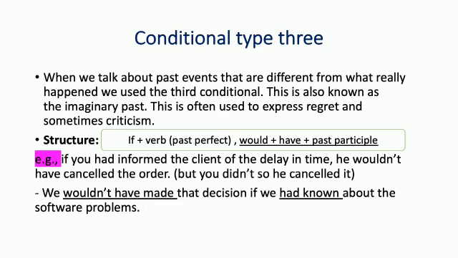Here we have the main clause, wouldn't have, with the negative, and then we wouldn't have made that decision if we had known about the software problems. In Arabic we say: لم نكن لنتخذ هذا القرار إذا كنا نعلم بمشاكل هذا البرنامج.